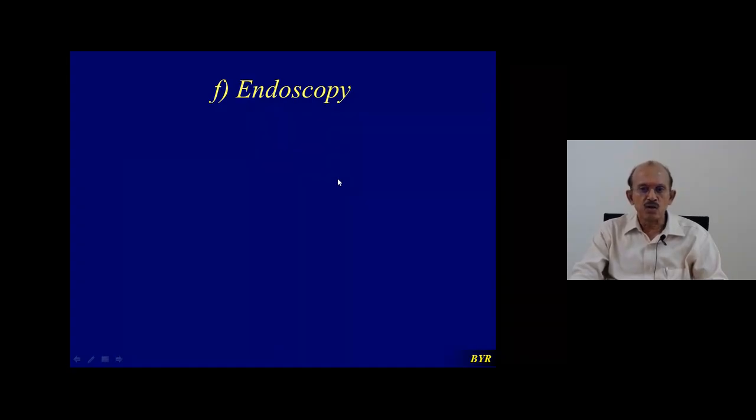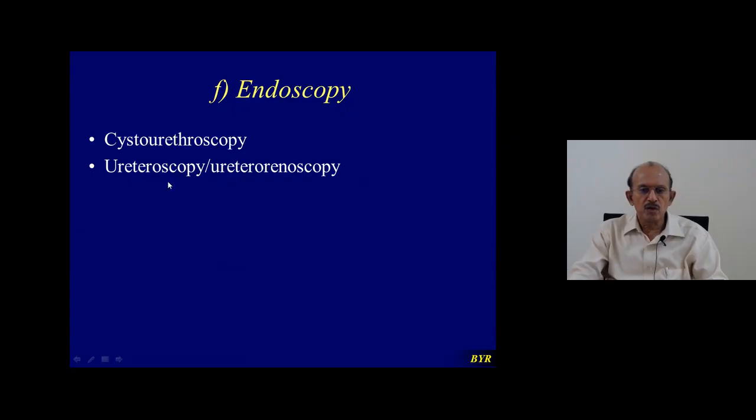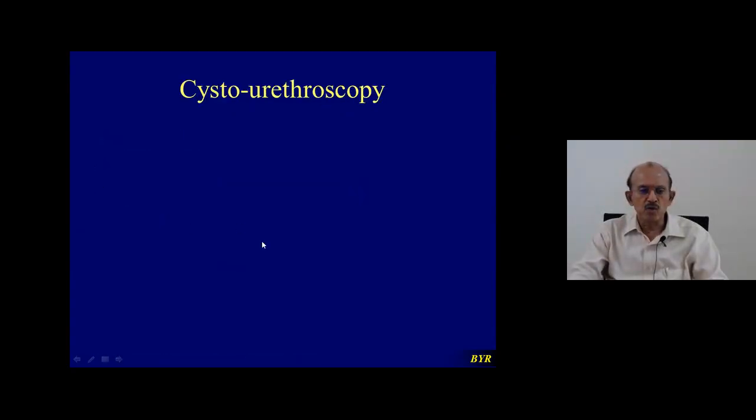Now we will study endoscopy in relation to the urinary organs. The most commonly performed endoscopy procedure here is the cystourethroscopy. In short, it is called cystoscopy. Then ureteroscopy, ureterorenoscopy, nephroscopy. These are the three types.